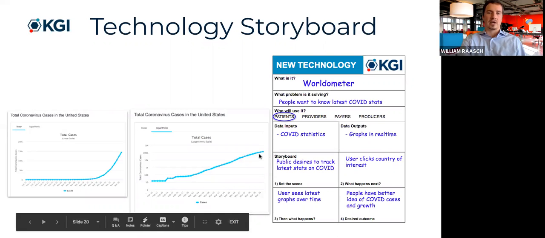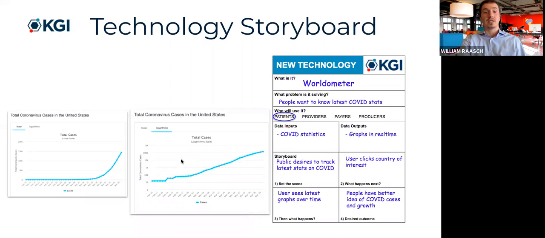That's when you know you're starting to get a handle on the outbreak. You can see with the US, even though this graph looks scary, this graph, while still scary, shows that maybe with all this social distancing we're starting to make a dent in the growth of this virus. So here's a technology that was created to help people track the progression of coronavirus over time.